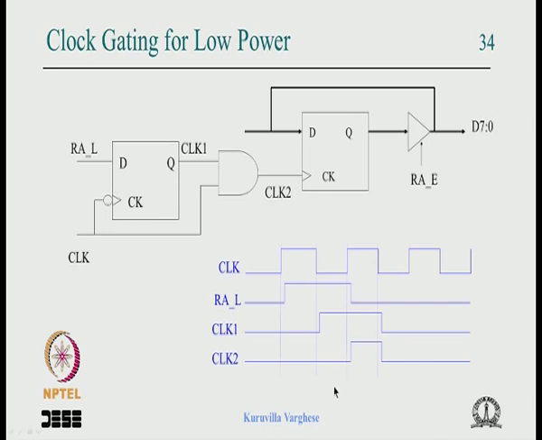Everything works smoothly and there is only one pulse, this is clocked and it doesn't continuously dissipate power. So when you need low power clock gating, then one should adopt this scheme, a very standard scheme.